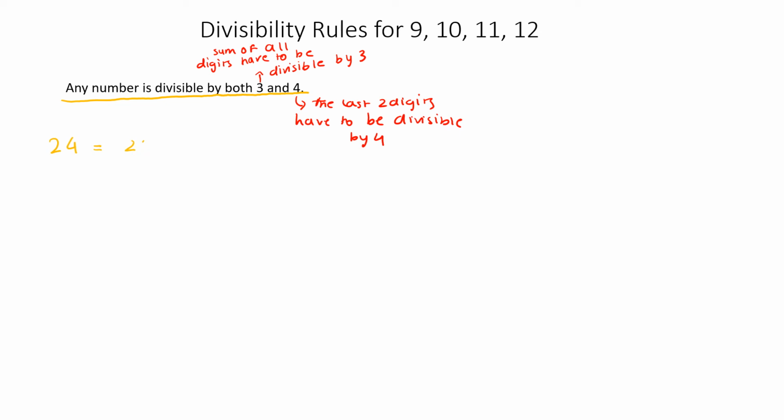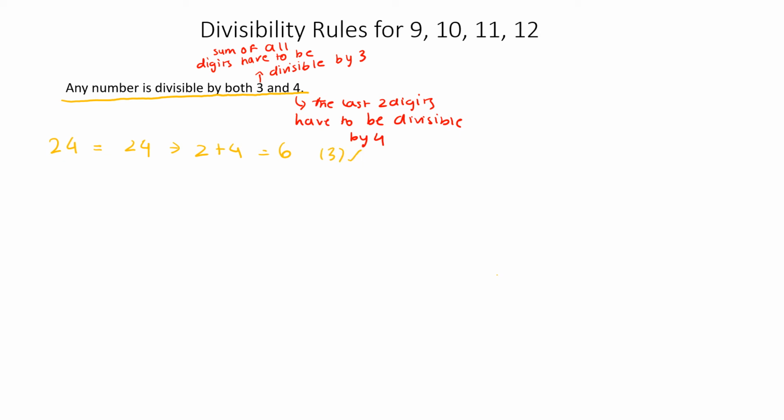According to the rule for 3, I have to add all the digits, so 2 plus 4, which is 6, and see if the result is divisible by 3. And yes, 6 is divisible by 3 because 6 divided by 3 gives us 2 with no remainder. So for 3, it's a check.